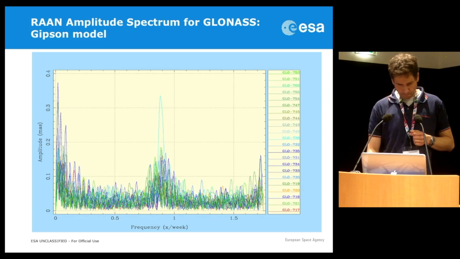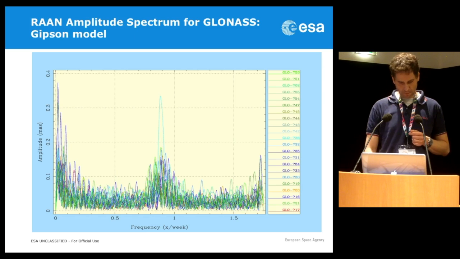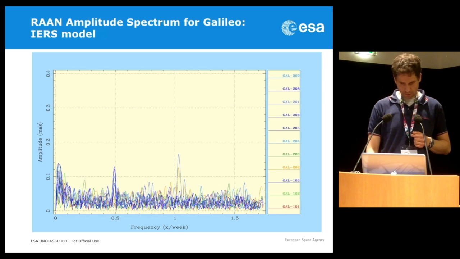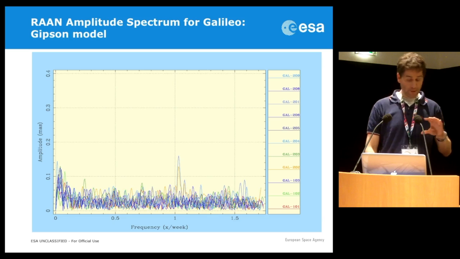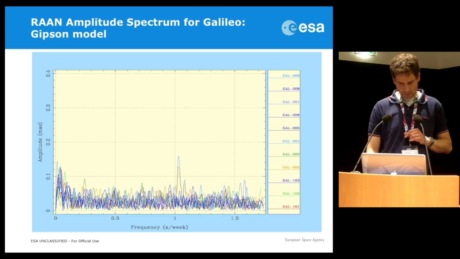Finally, Galileo, the results for the IERS model, again, the peak shows up at the 14-day period. And if we look at what the Gibson model gives us, this peak is gone. Interesting also is that the spectrum is generally a bit flatter compared to GLONASS.